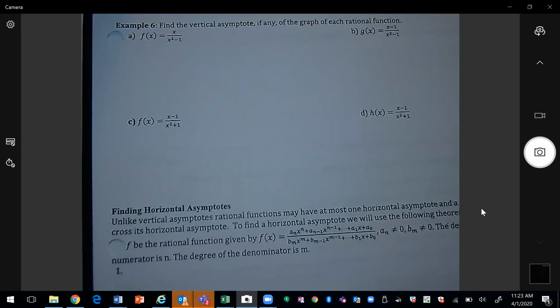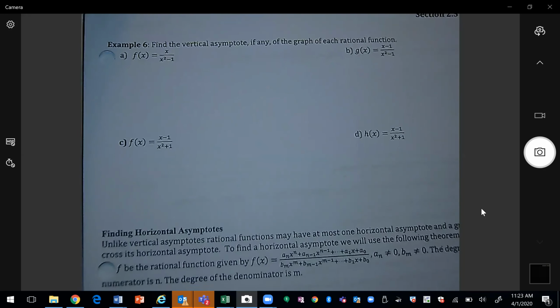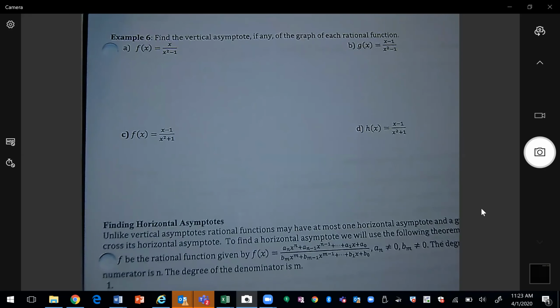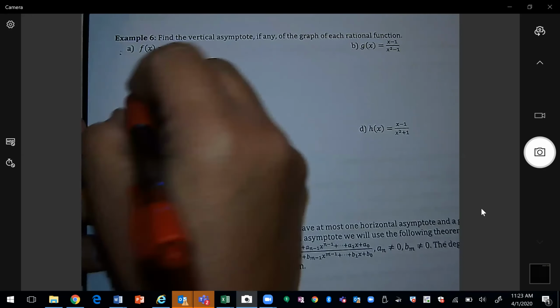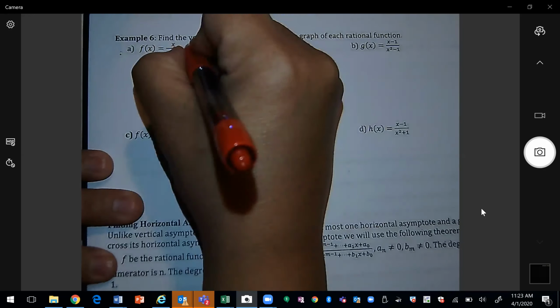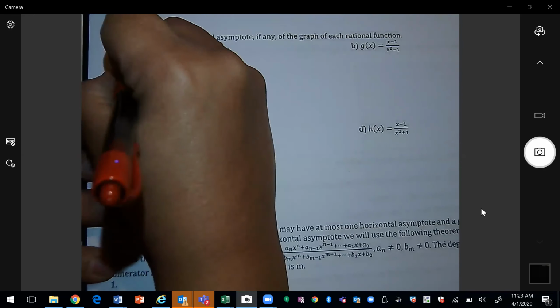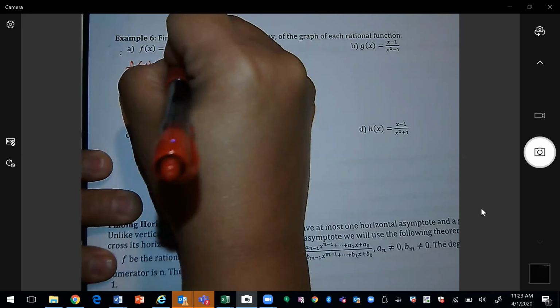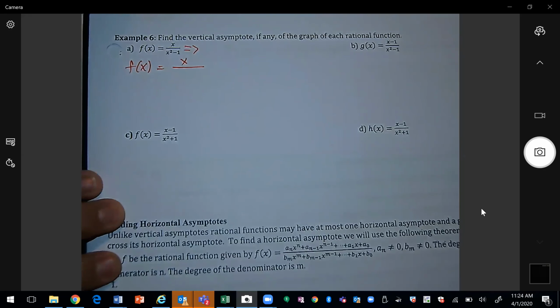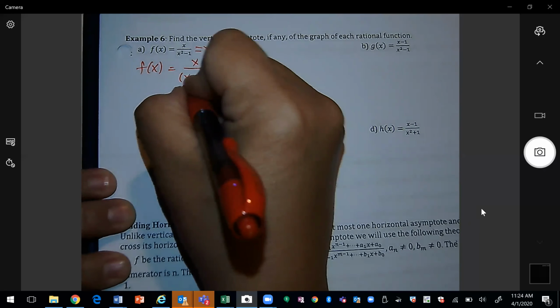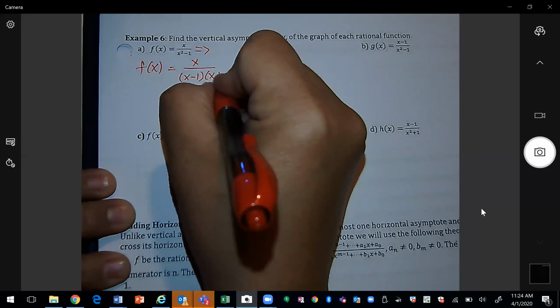So it says find the vertical asymptote, if any, for each graph. The first thing is to factor the numerator. Here, x is already factored, but x squared minus 1, we can factor as x minus 1, x plus 1.